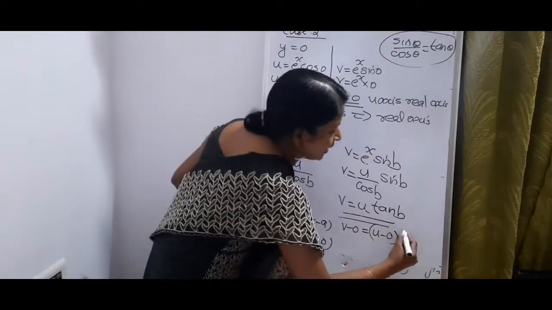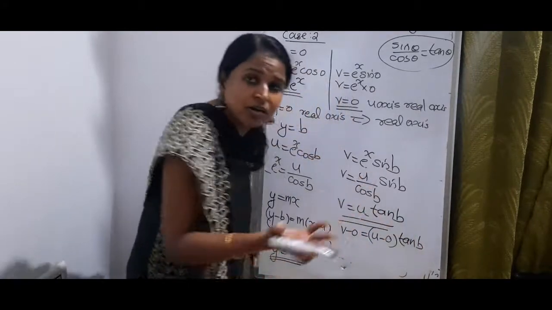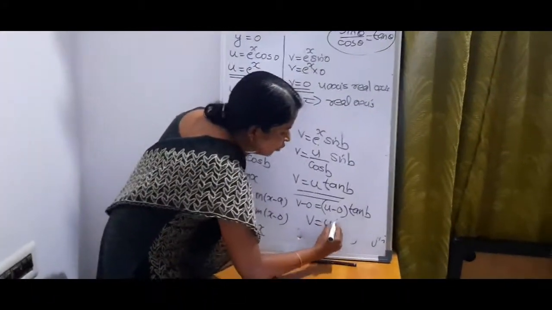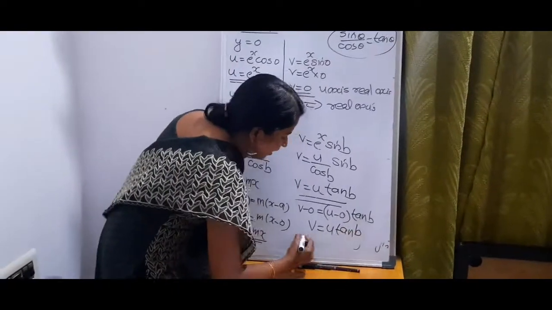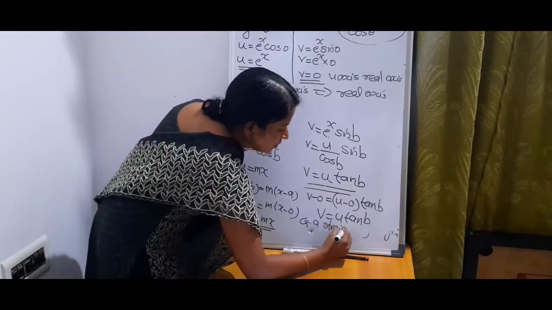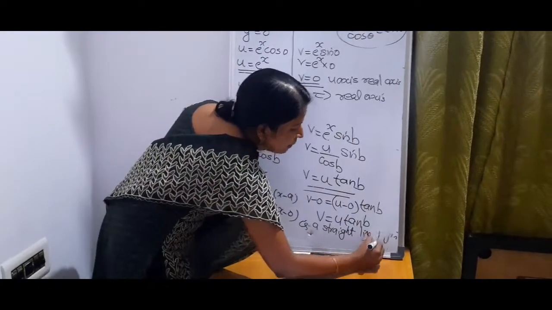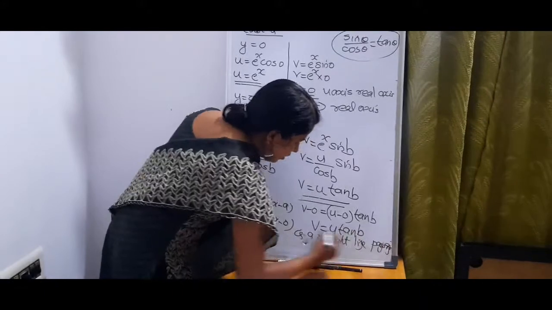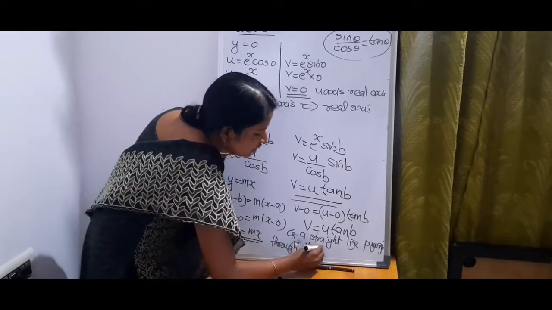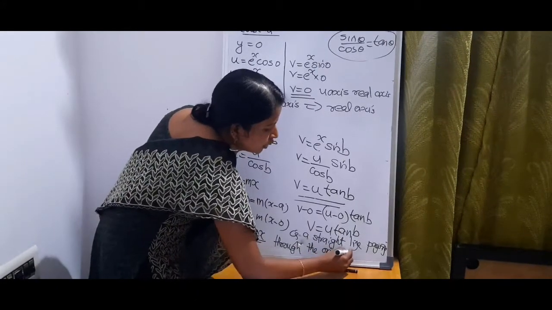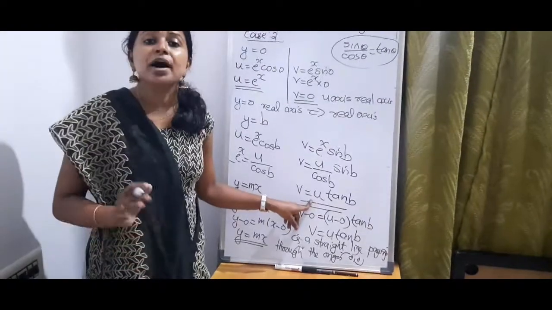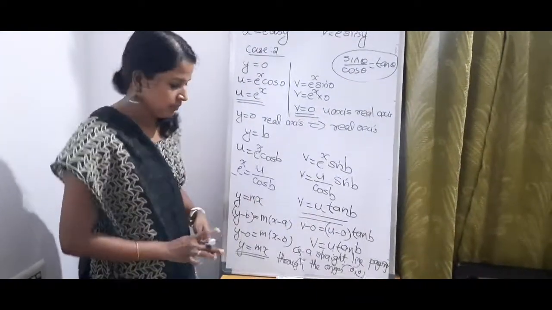Instead of m, here tan b. B is a constant, so tan b is a constant. So v equal to u tan b is a straight line passing through the origin 0, 0.